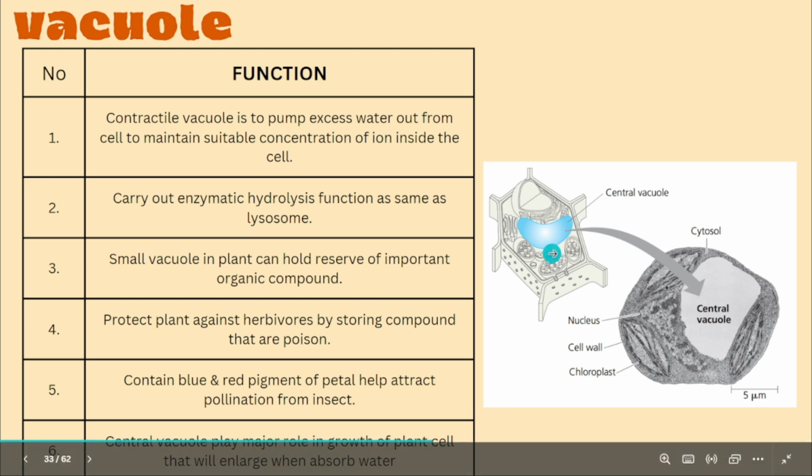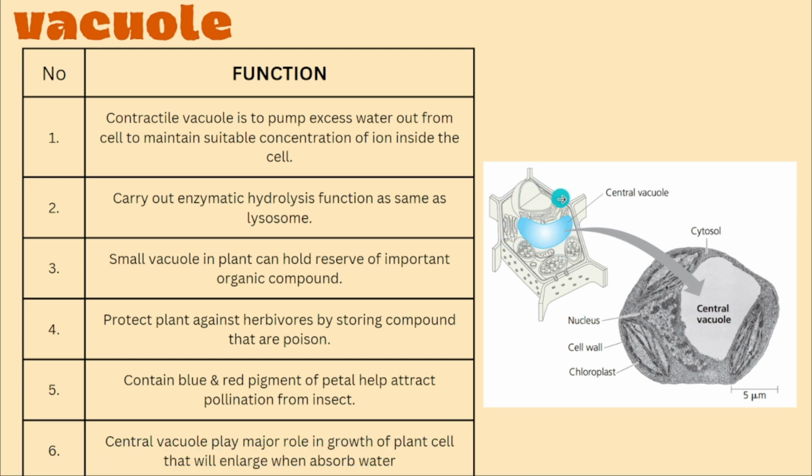If there were no vacuole, the plant cell size would be very small and could not enlarge. But when there is water, the cell can be enlarged and increase its size more easily compared to the animal cell.